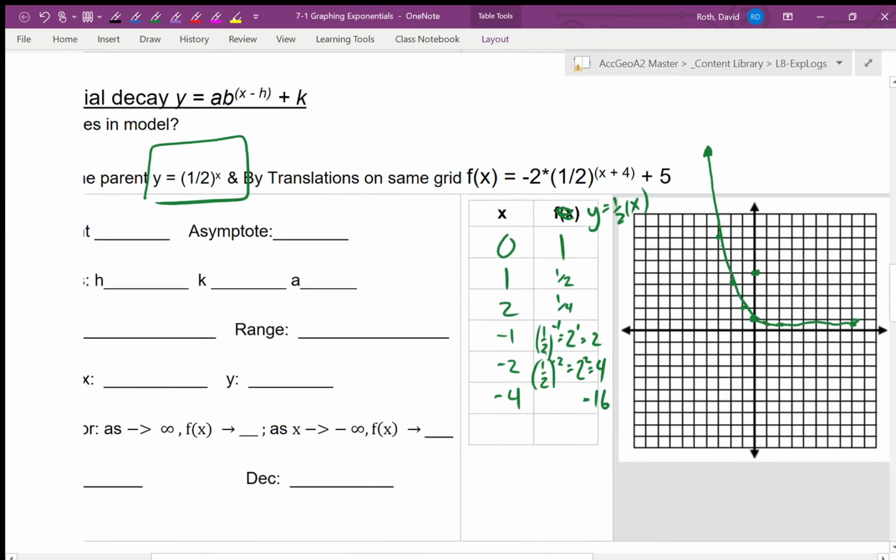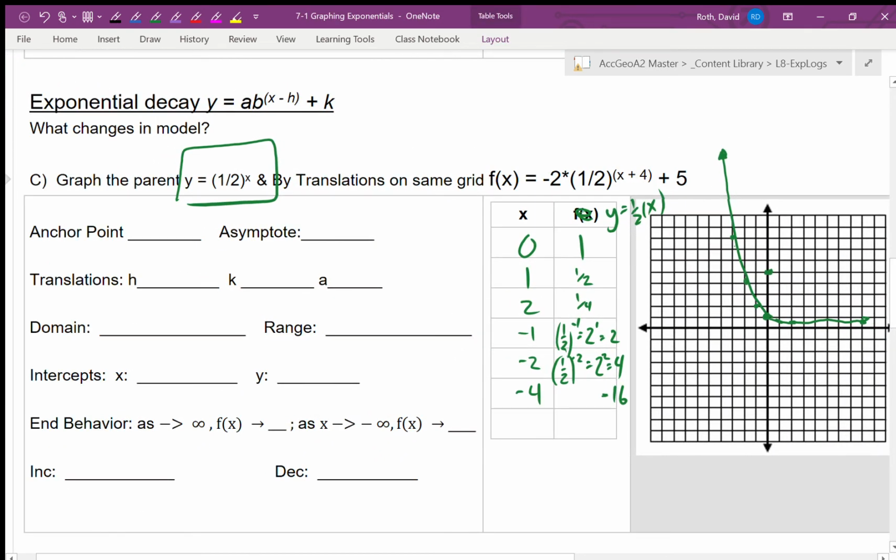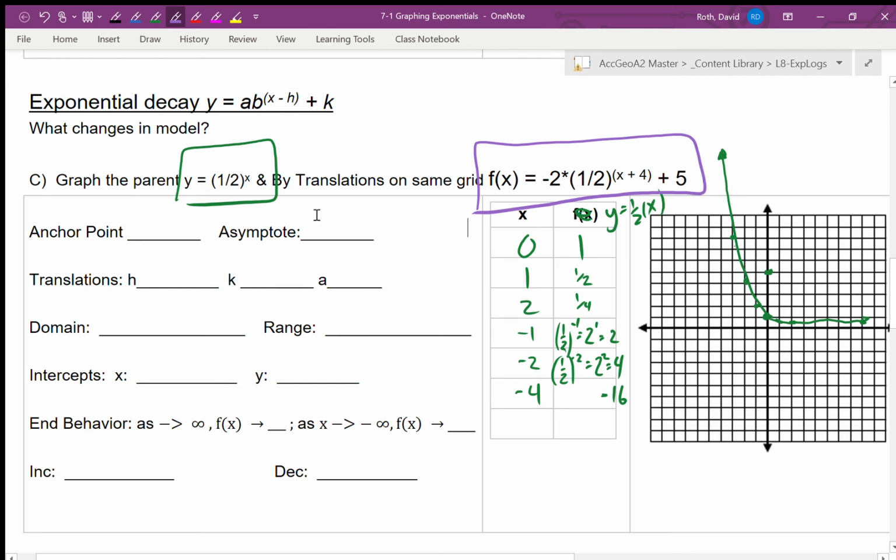So, that being said, let's stop that and let's do the grid for, in purple, this function. Let's have some fun with it. What's the asymptote going to... Oh, this one's flipped. Notice translations.